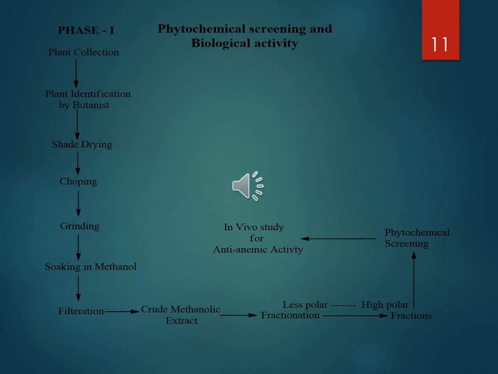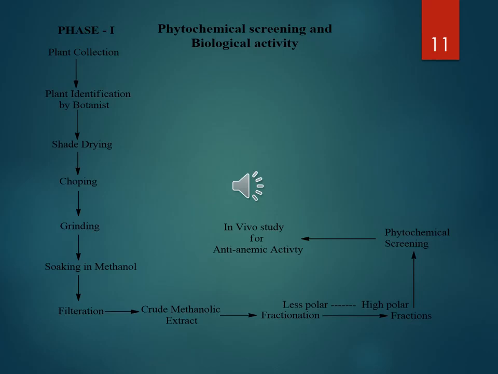This methanolic extract is now subjected to fractionation. Fractionation is carried out using different organic solvents from less polar to highly polar, which include hexane, chloroform, ethyl acetate, methanol, and butanol. So we get 4 to 5 different fractions on the basis of the polarity system.